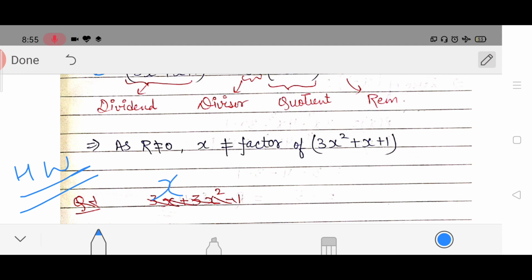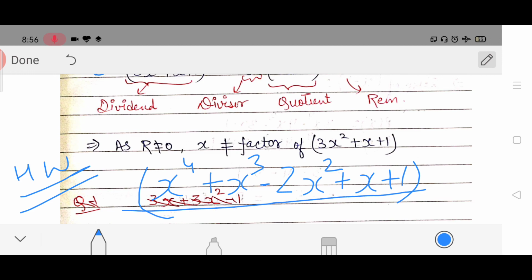Homework is x to the power 4 plus x cube minus 2x square plus x plus 1 divided by x plus 1. You have to divide this using the long division method.